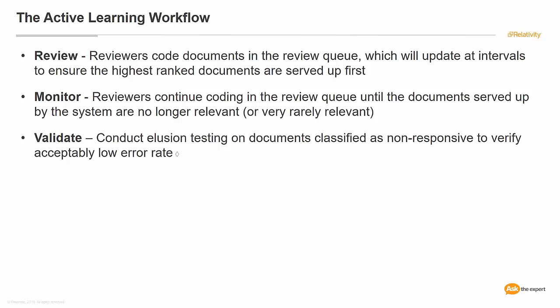You can validate that bucket of non-responsive documents by doing what we call elusion testing on the documents the system has classified as non-responsive. You'll take a random sample of those docs, or the system will allow you to, and then the reviewers will code those and you will verify the error rate essentially from that random sample. We'll look at that in a little more detail, but that's the basic flow through the active learning tool.